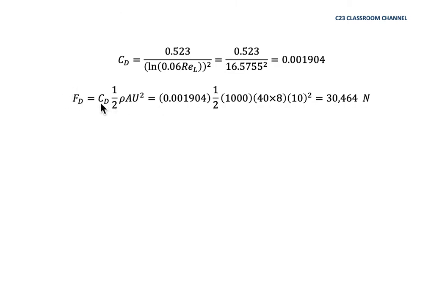We substitute the value of CD from the previous calculation, with density 1000, and A the area touched by the water, which is 40 meters long and 8 meters deep, and the free stream velocity is 10 meters per second. We get 30,464 Newton. This is the calculation using the empirical method.